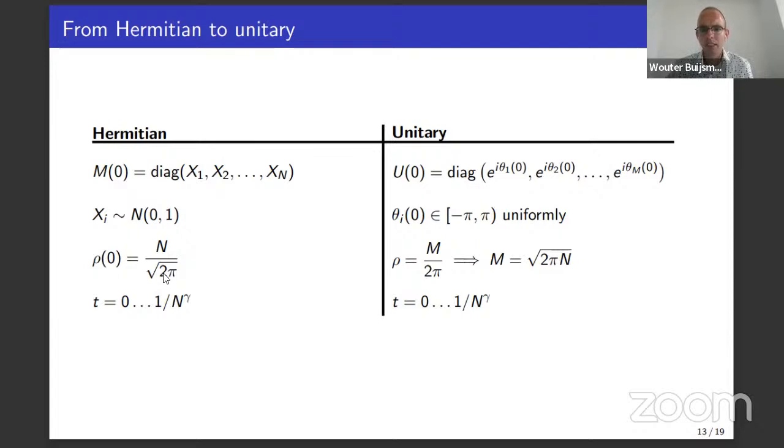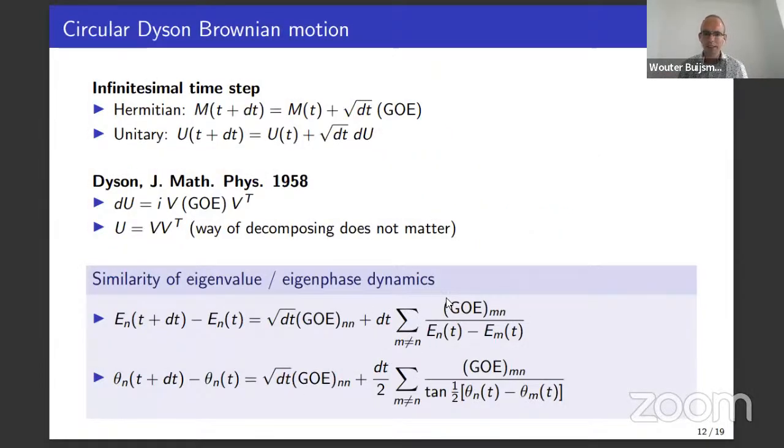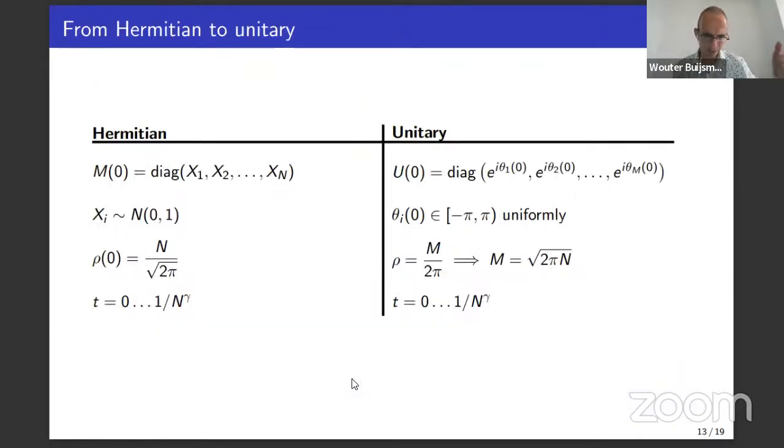If we take the matrix dimension for the unitary case equal to m, the density of states is m divided by 2 pi. So if we take n equal to m, we have different densities of states for the Hermitian and unitary cases, and then this equation no longer maps onto this equation. To correct for that, you need to take m different from n such that this number equals this number, and you can do this by choosing m equals the square root of n times the square root of 2 pi.